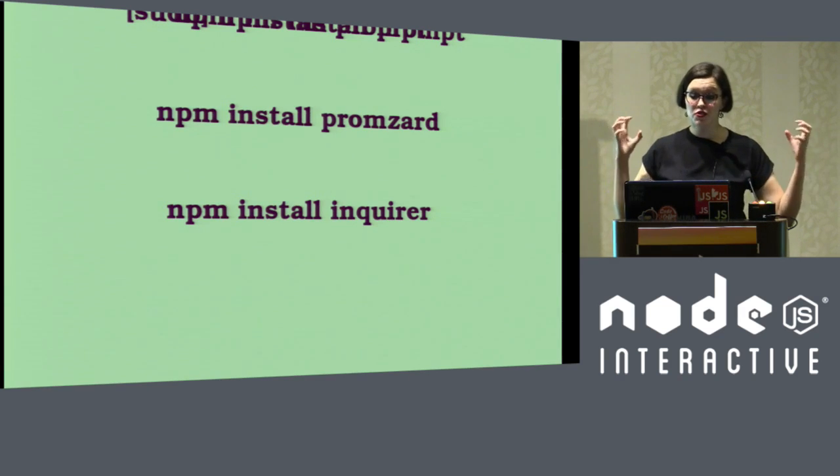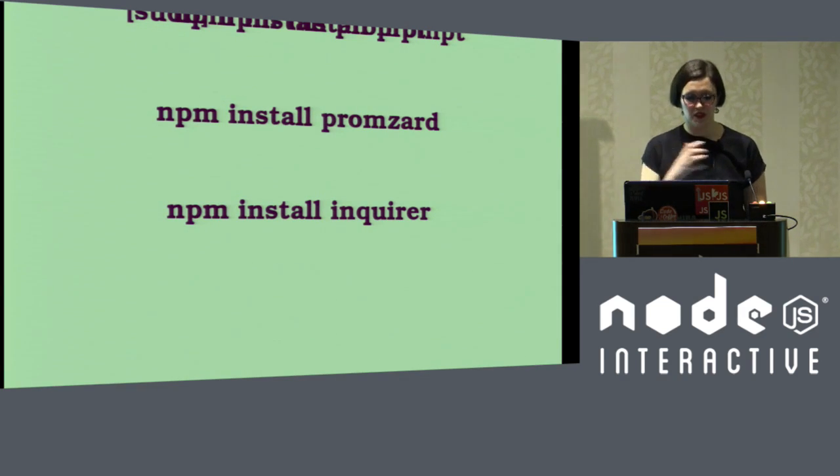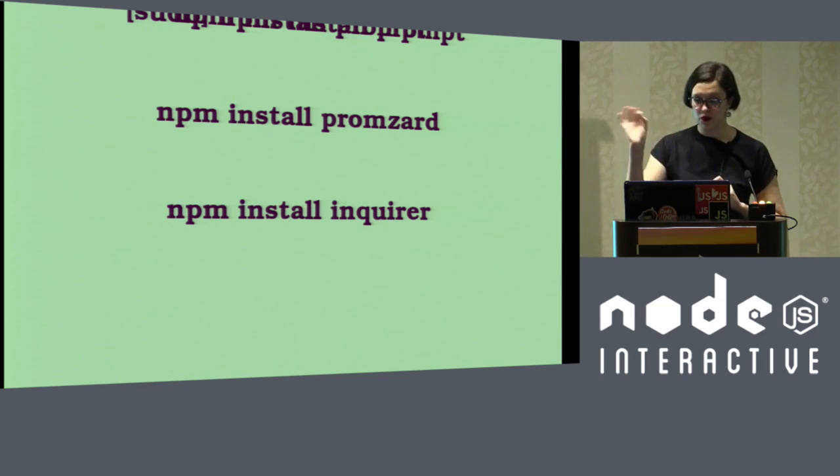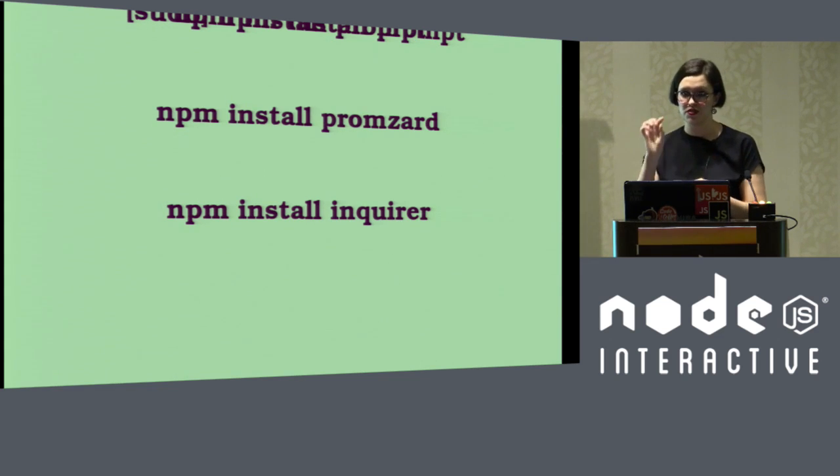And Enquirer is super awesome because somebody actually mentioned this to me during JSConf, and it allows you to work through different options in the command line interface and pick the items you want to do, so you can go back and forth instead of providing that into the options or the commands of the particular module you're working with.